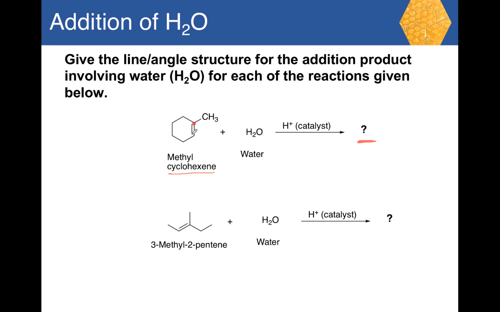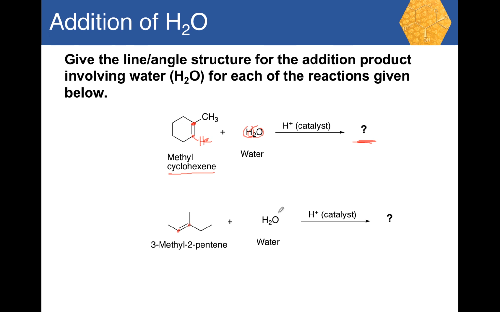Here's the carbon of the double bond, here's the other carbon of the double bond. This has one hydrogen, this has none, so you'd expect the H to go here and the OH to go here to give the product. Same thing here, one hydrogen, none.